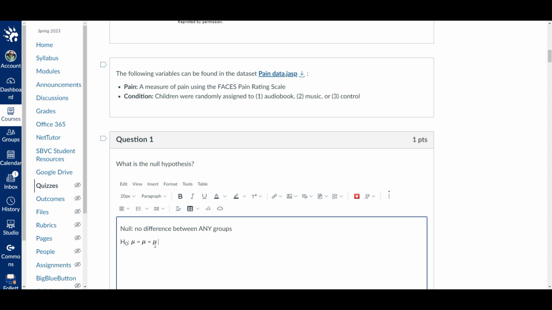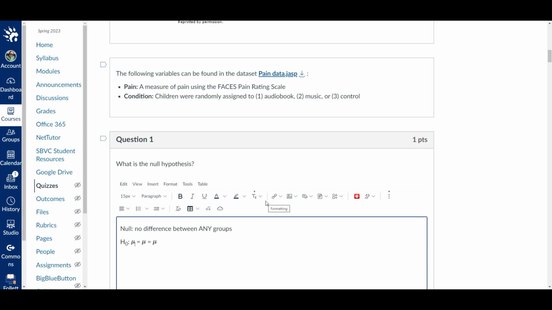And we want to indicate that we are differentiating them somehow. So we can use the 1, 2, 3. We could also use maybe A, M, and C for audiobook, music, and control. Whatever is going to help us indicate that really we're talking about three distinct potential populations.